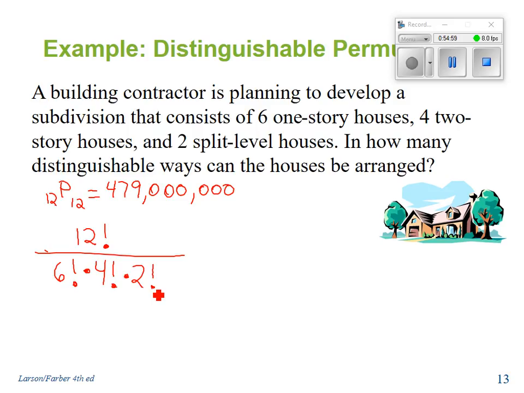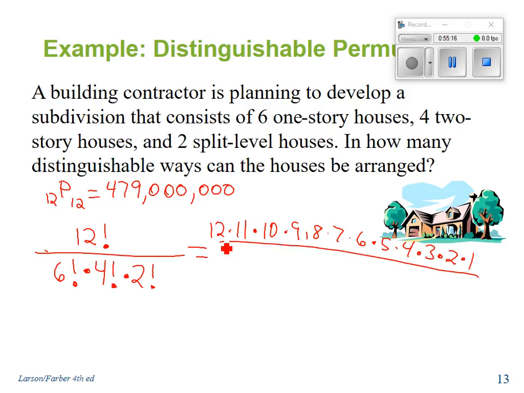Now if I expand this all out, 12 times 11 times 10 times 9 times 8 times 7 times 6 times 5 times 4 times 3 times 2 times 1. That's all on top. Now here I do these.